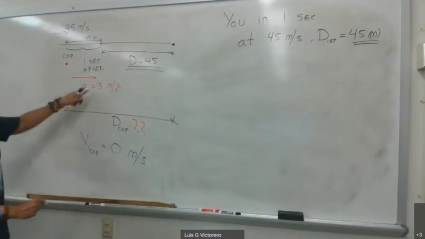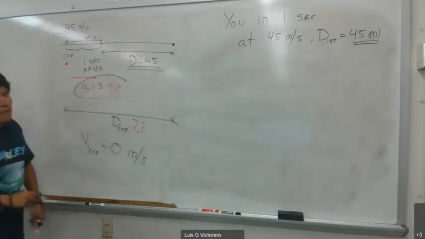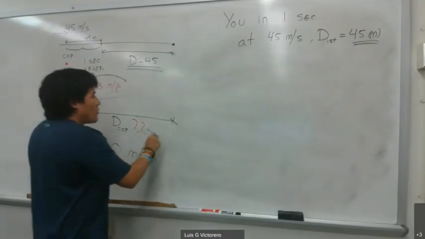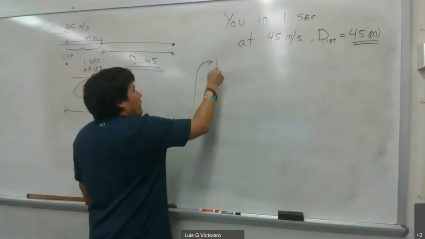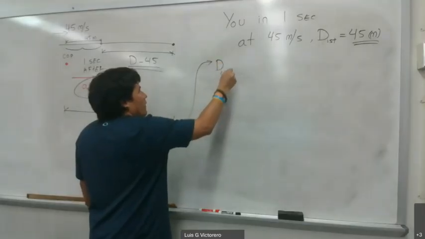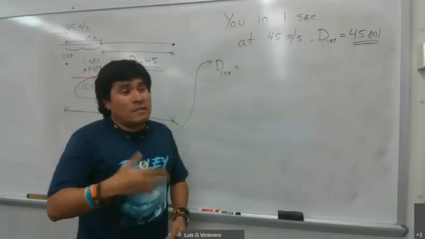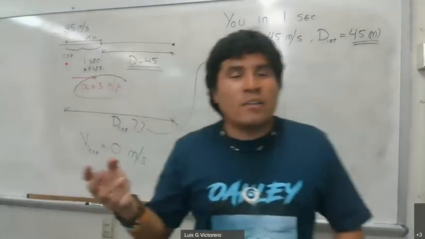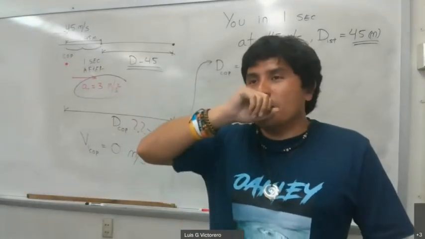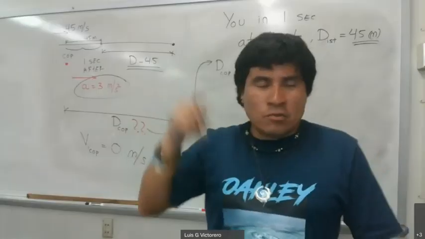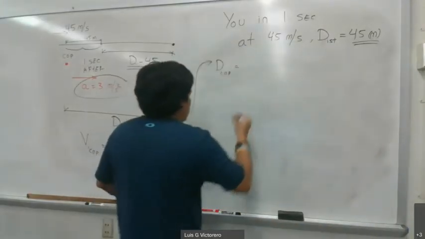So it's accelerating. What equation do you use to find the distance of the cop? So you have initial speed times time, plus, because it's accelerating, 1/2 A t squared, right? We have this equation here.